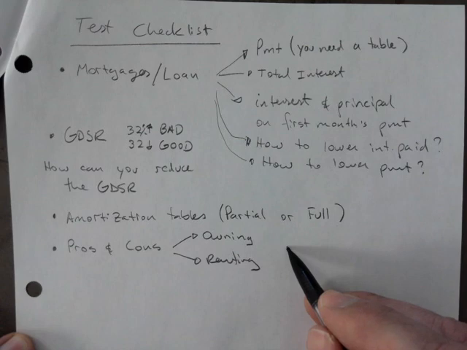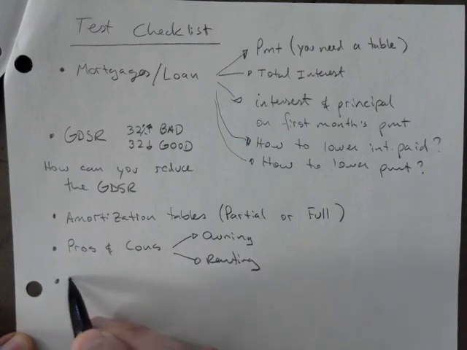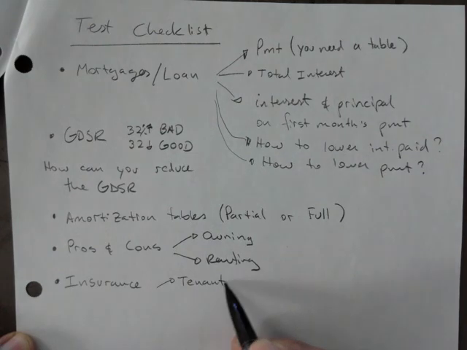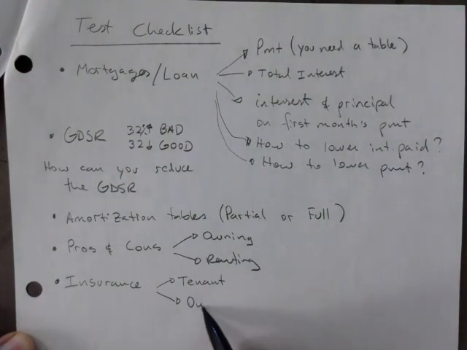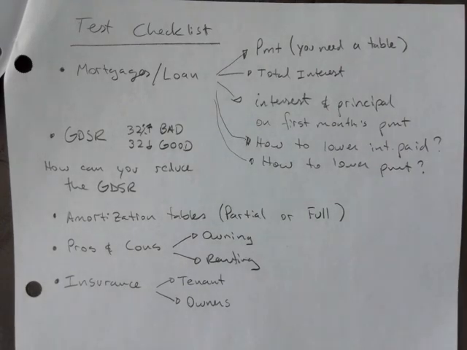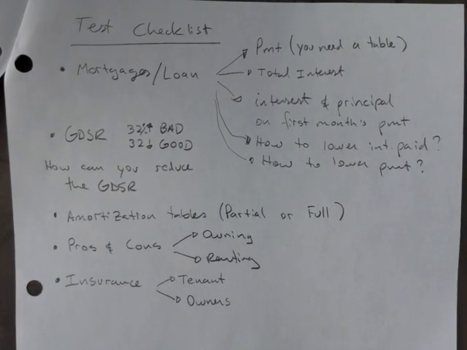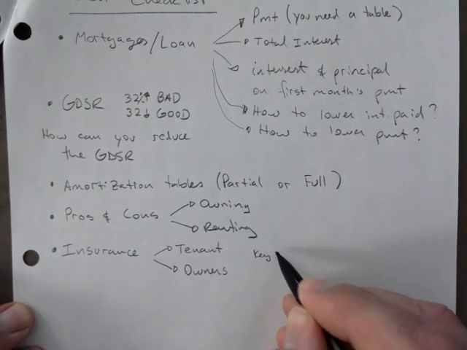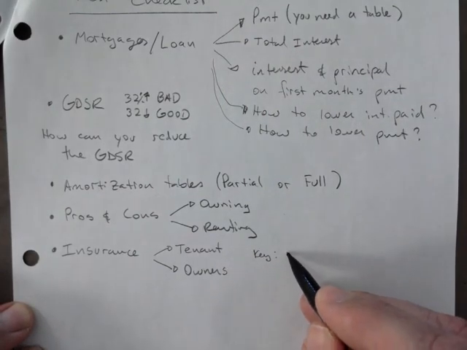You should be able to calculate insurance. This is the tenant or owner's insurance. You should be able to tell me what a deductible is. Keywords would be deductible.